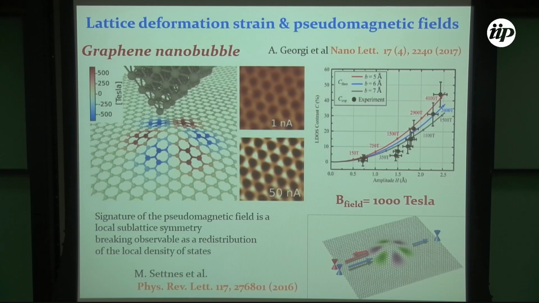And as far as we know, this has been confirmed in this experiment, where they got graphene bubbles with exactly the symmetry that was proposed theoretically, and they measured a signal of the local density of states, whose extrapolation to the theory concludes to a magnetic field on the order of 1,000 Tesla.